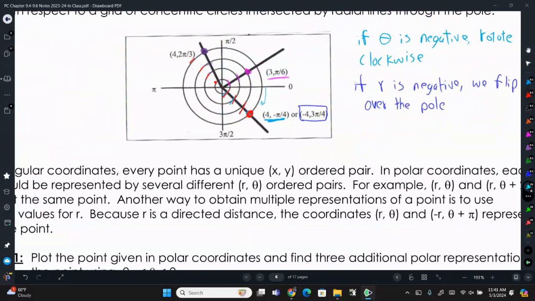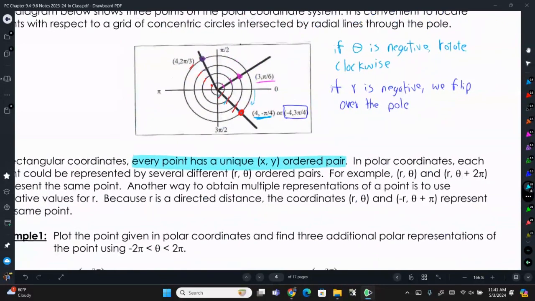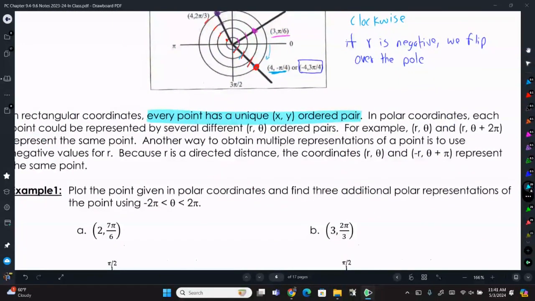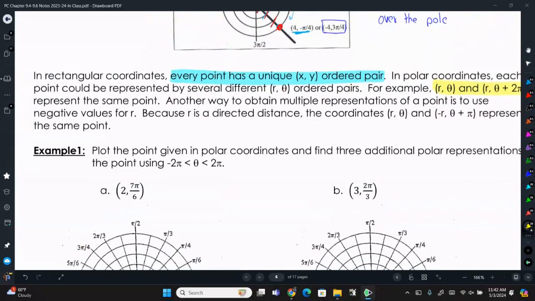So yeah, even for x, y, there's just one point for that location. X comma y, that's where it is. There's no other way to plot a point there. But we can have several different polar coordinates. Like I said, we could just always add 2 pi and keep going. We can also use negative values for r, and that will give us more points.